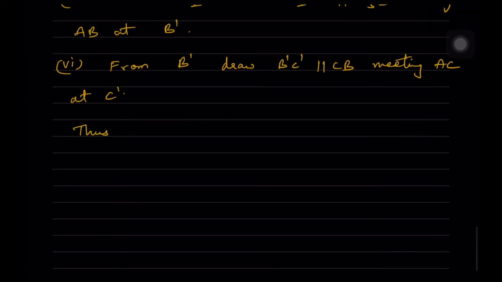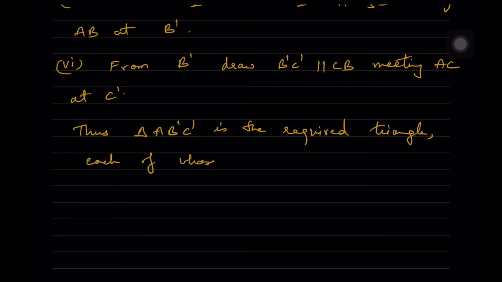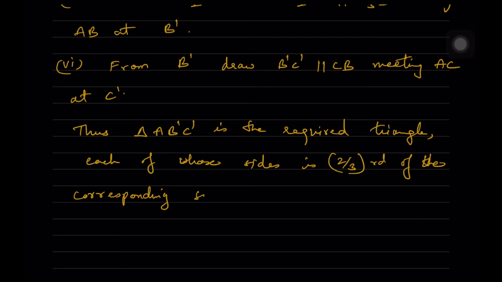Thus triangle AB dash C dash is the required triangle, each of whose sides is 2/3 of the corresponding sides of the triangle ABC.